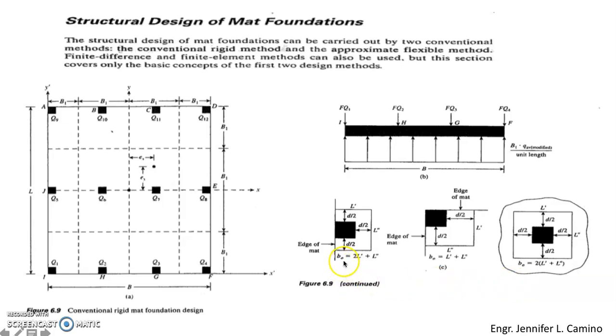For this one, B sub O equals 2L prime plus L double prime. And for this critical internal column, B sub O is equal to 2L prime plus L double prime.